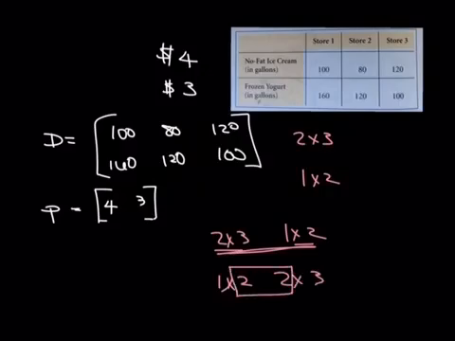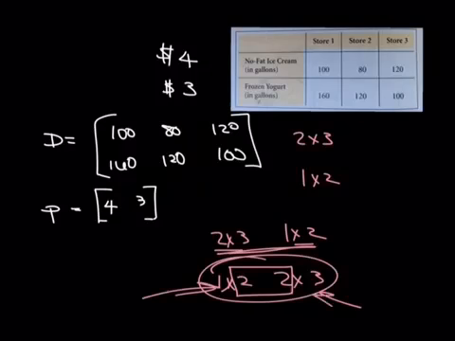Yes. Very important to see that with multiplication, you can't take 3 times 4 and get 12 and 4 times 3 and get 12 in matrices. The order makes it possible or impossible to multiply. This one makes it possible. So my answer is going to be a 1 by 3 matrix.